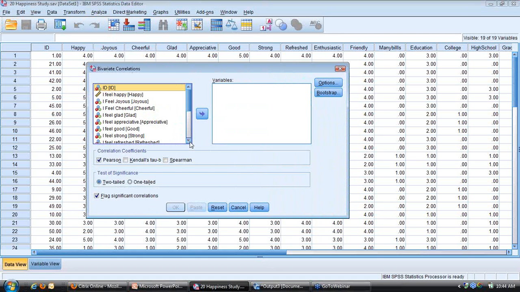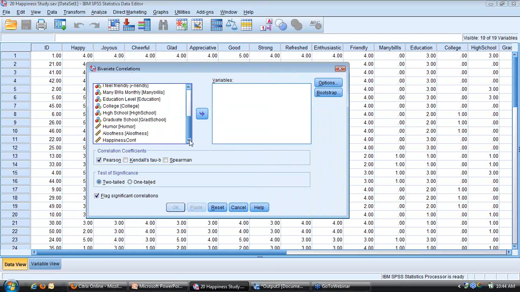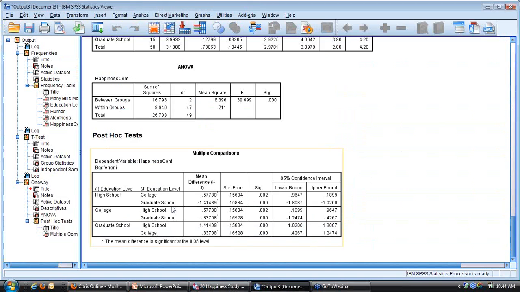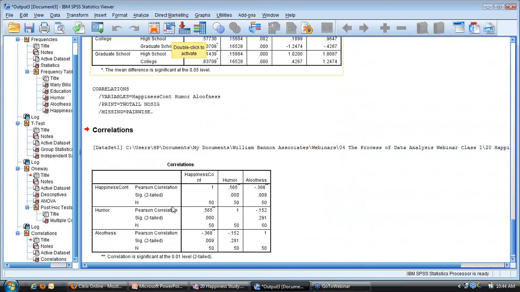And then we find our continuous variables. So first I put in our dependent variable, happiness, and I put in humor and aloofness. So there we go. That's all we need. Click OK, and then we have our correlation table.